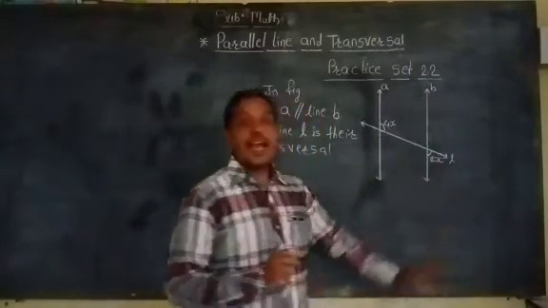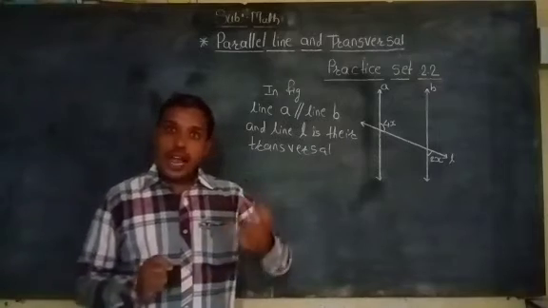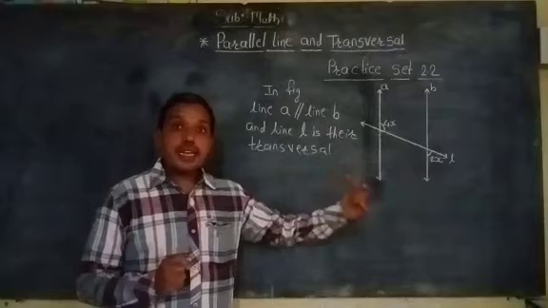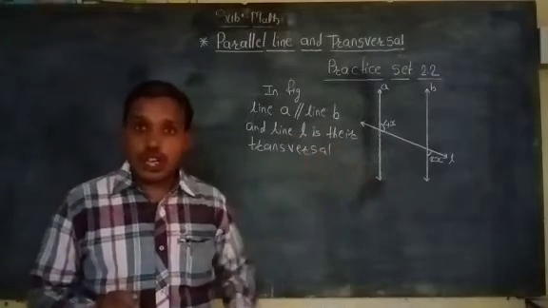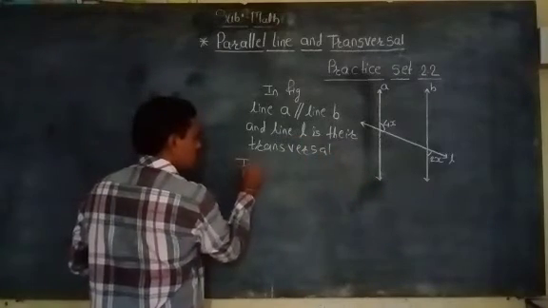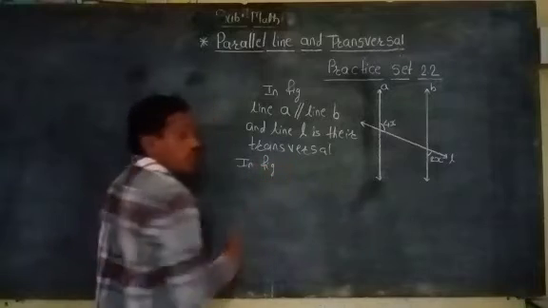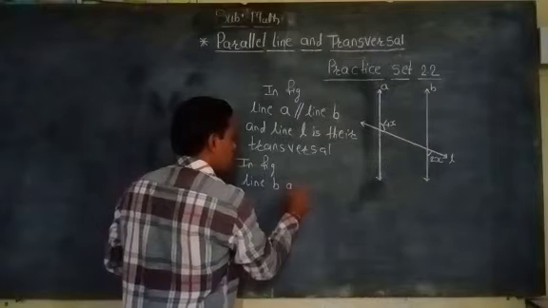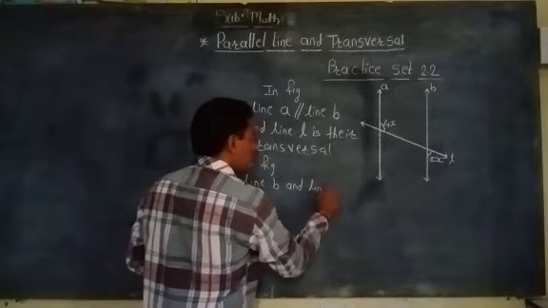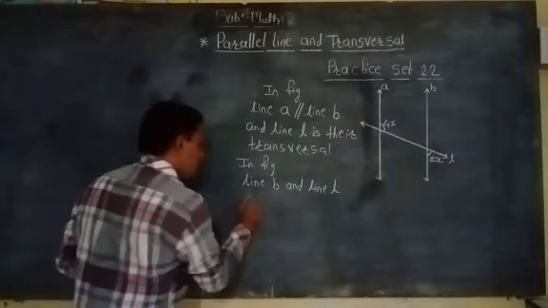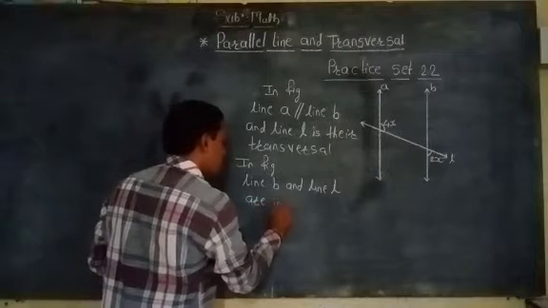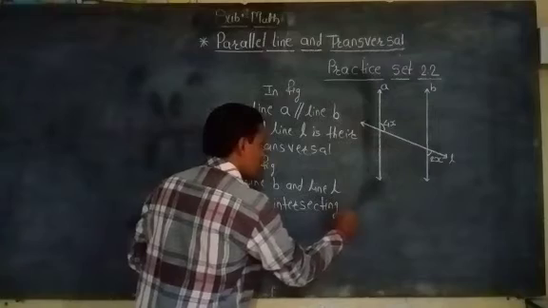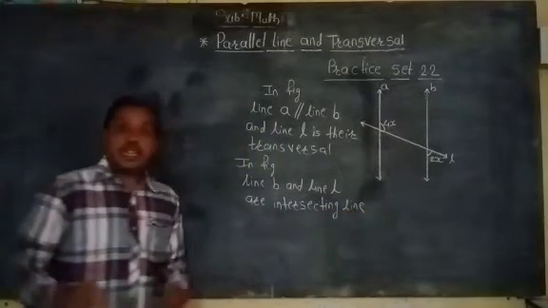Line B and line L. Line B and line L are intersecting lines.